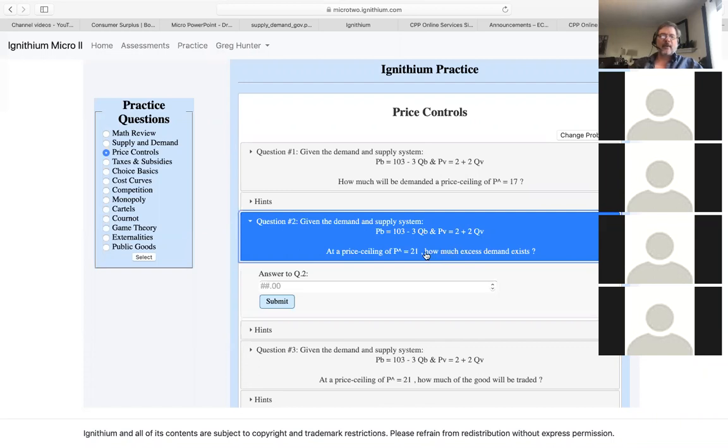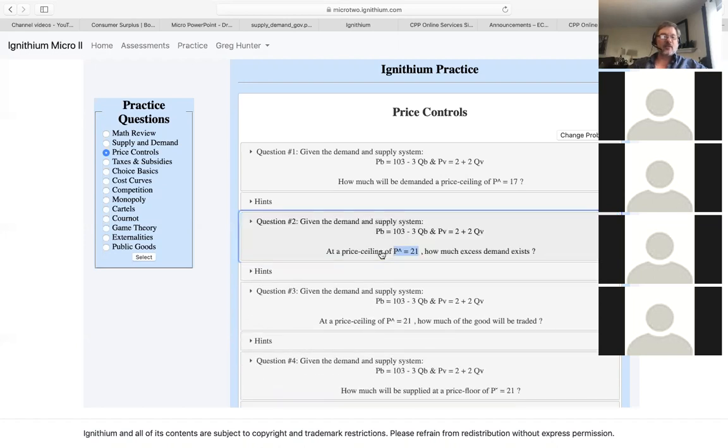So if there's excess demand, then the quantity demanded is greater than quantity supplied. But in order to indicate quantity demanded and quantity supplied, I need to talk about the price, right?